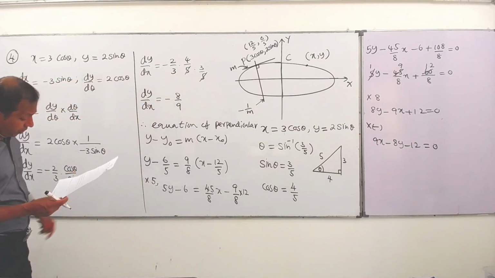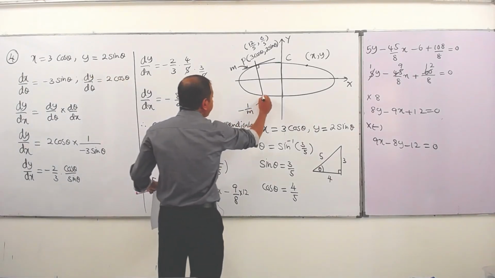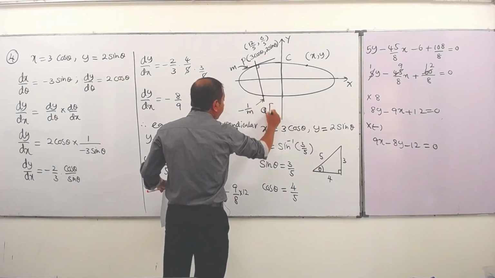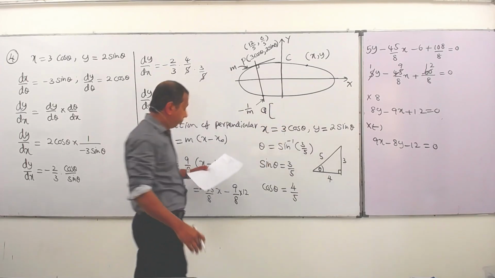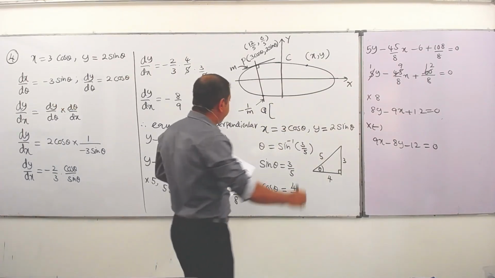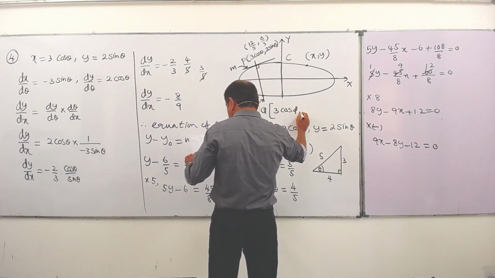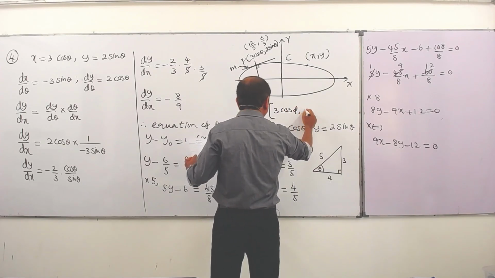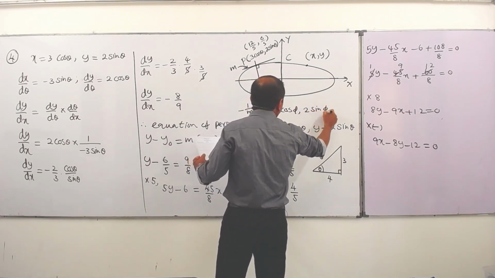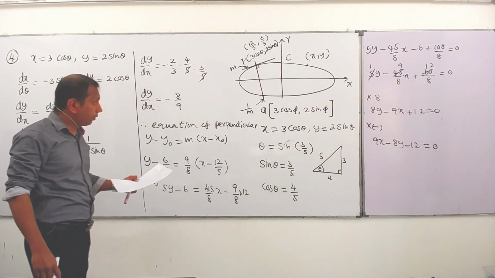Next one, if this perpendicular meets the ellipse at Q. This is the Q. The coordinates of Q are given as 3 cos phi and 2 sin phi.